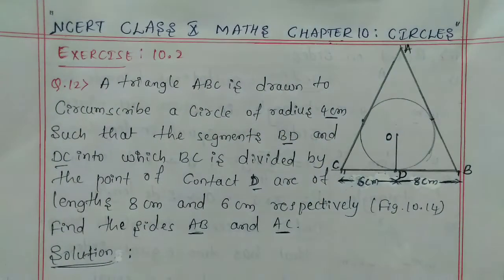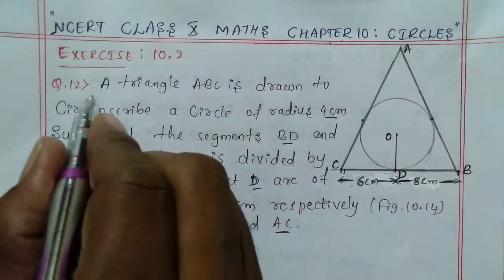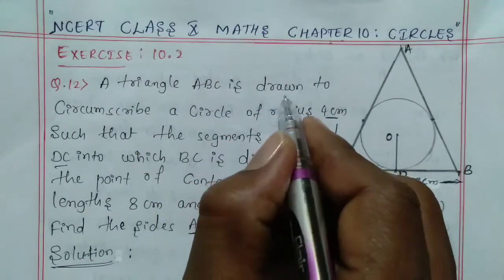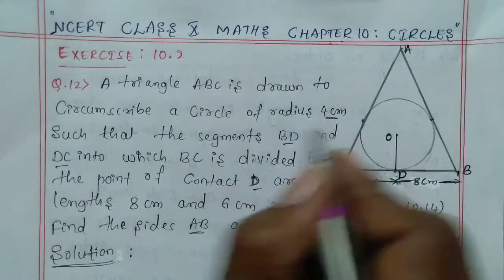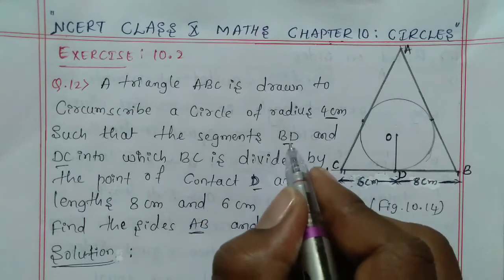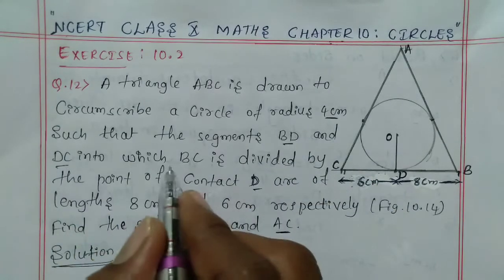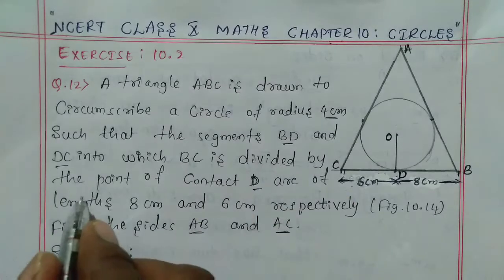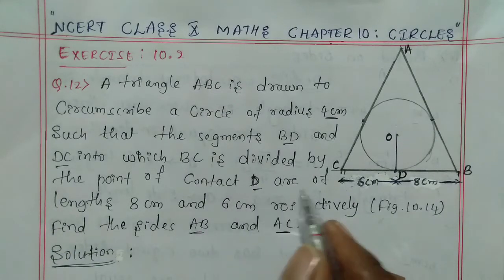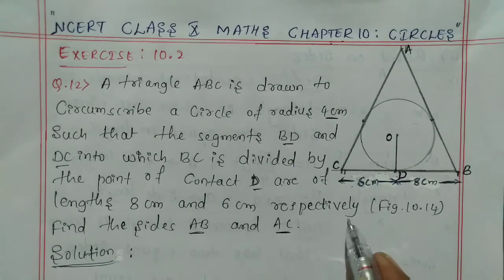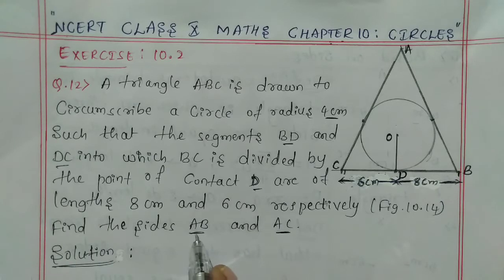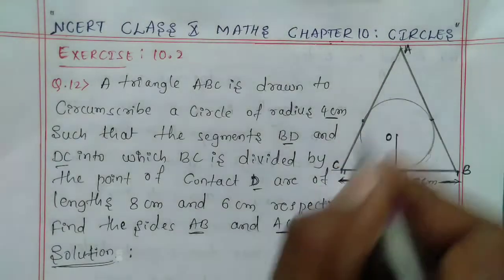Question: A triangle ABC is drawn to circumscribe a circle of radius 4 cm such that the segments BD and DC into which BC is divided by the point of contact D are of lengths 8 cm and 6 cm respectively. Find the sides AB and AC.